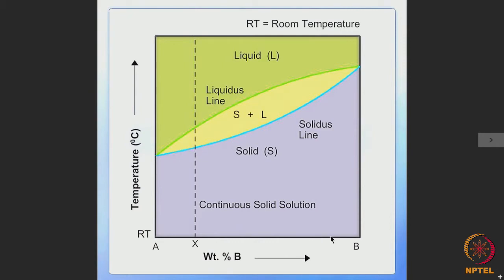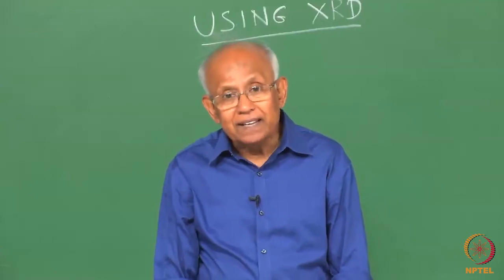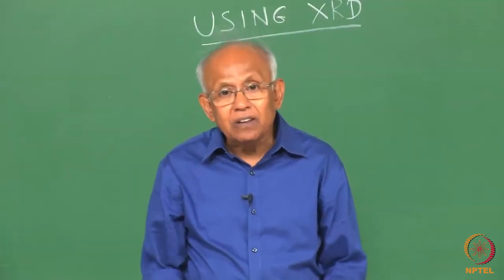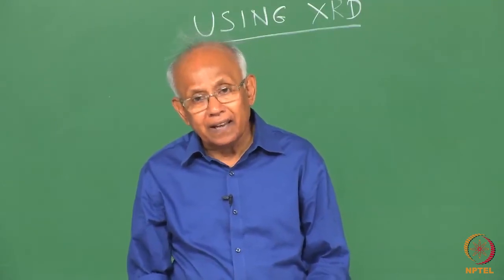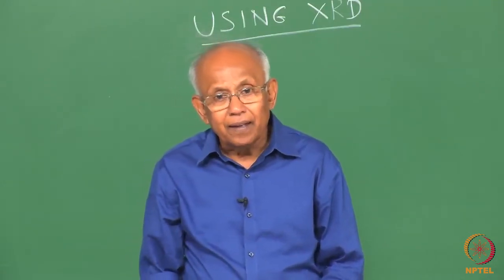Because of the different compositions, the lattice parameters will be different. Suppose the B atoms are larger than A atoms. As we move along this axis, the unit cells will contain more and more of B than A, and as a result the lattice parameters will be larger and larger.